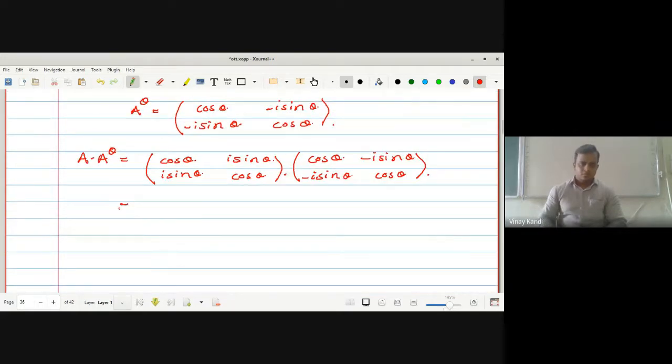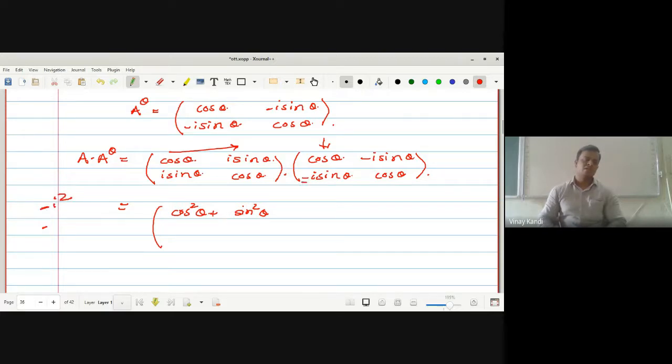Okay. First row with first column: cos theta into cos theta is cos square theta. I sin theta into minus I sin theta gives plus sin square theta, and I into I is I square. Okay, and this one is minus sign as it is.